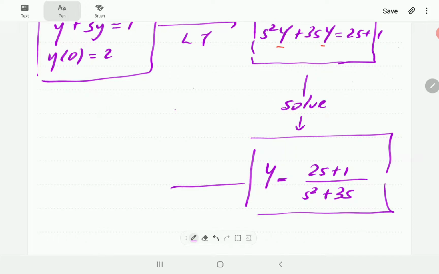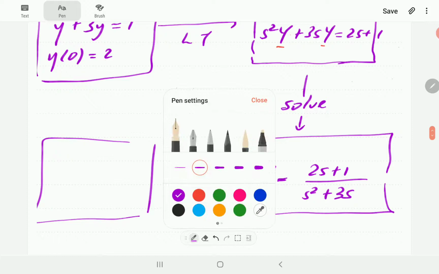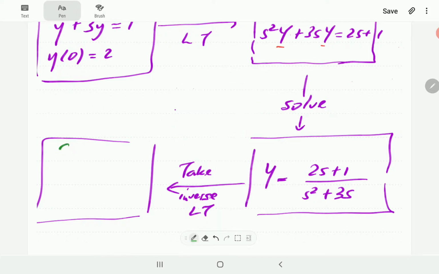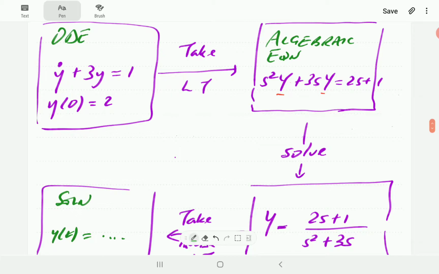What remains is for us to take this back to the t space. So we take the inverse Laplace transform and express the solution in terms of the original variable. In this case it's going to be y of t equals something something something.